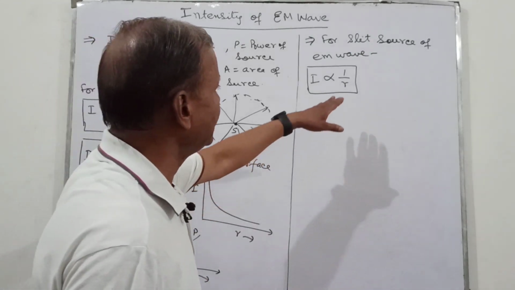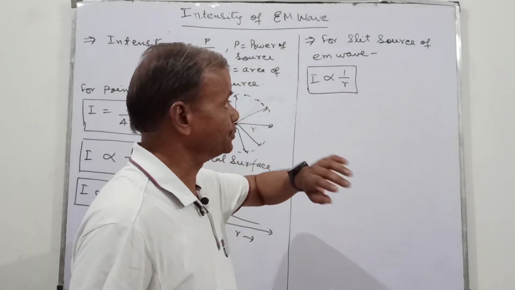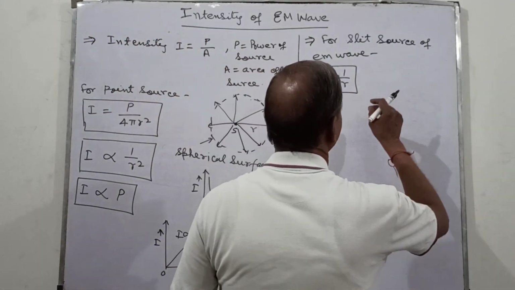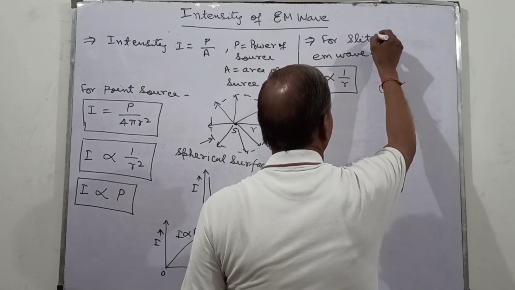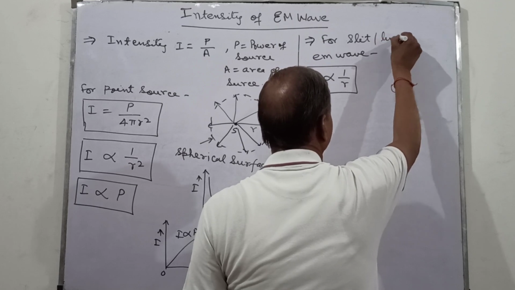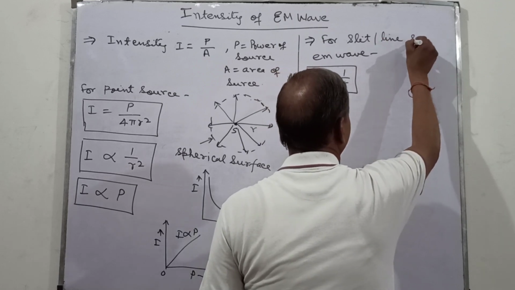This we call the light slit source or the line source.